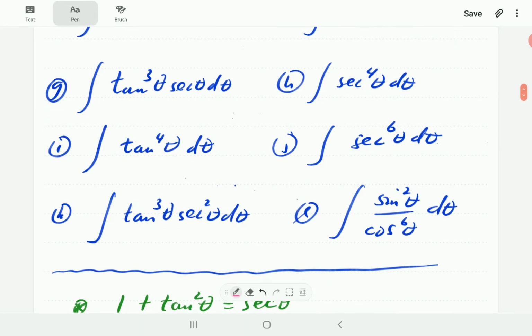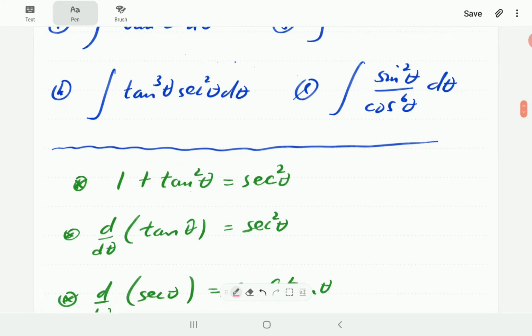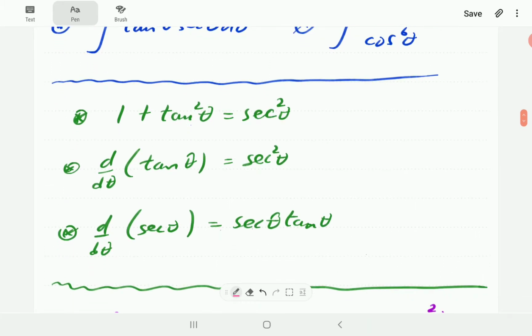So I want to start by setting up some simple guidelines on how to evaluate these integrals. Okay, so first of all, the identity that connects secant and tangent is this one here, and then the derivative of tangent is secant squared, while the derivative of secant is secant tangent.